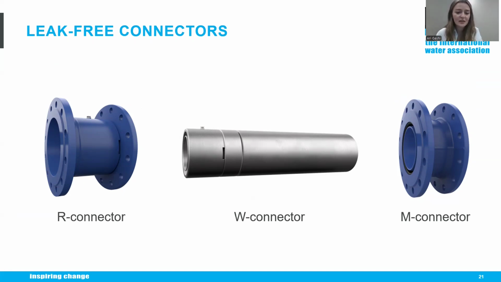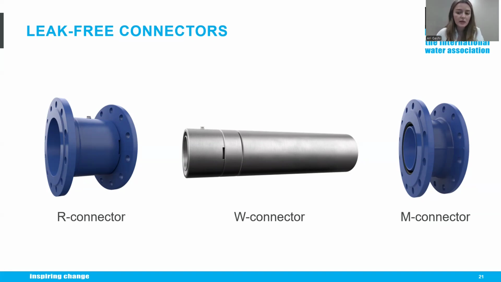A rehabilitation system is only as reliable as its connections. And that's why connector technology plays such an important role as well. Different connector types are available depending on the application and the existing pipeline material, of course. Although the connector designs differ slightly, they all follow the same principle.